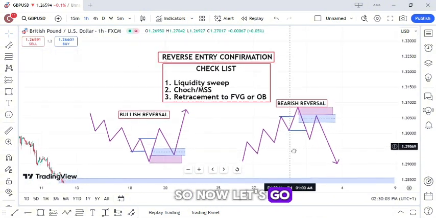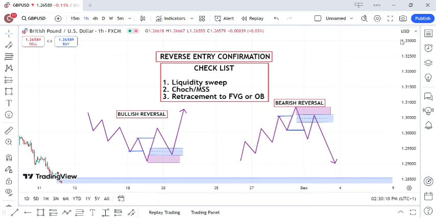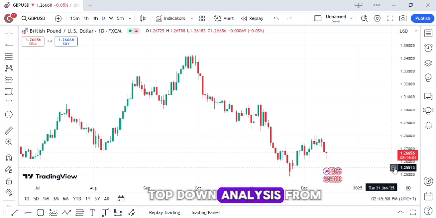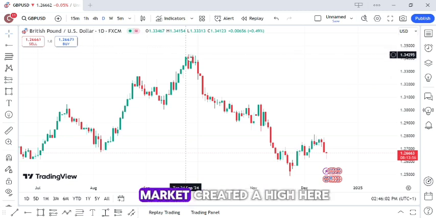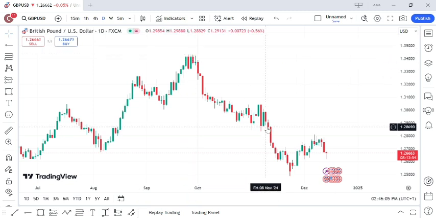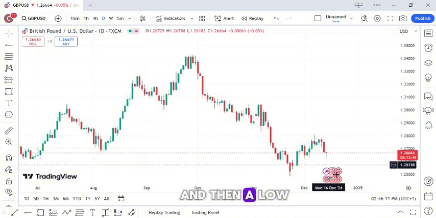So now let's go into the live chart to understand it better. I did a top-down analysis from the daily time frame. On the daily time frame, we can see that the market created a high here, a low, a high, a low, and expected to create a high and then a low, right?